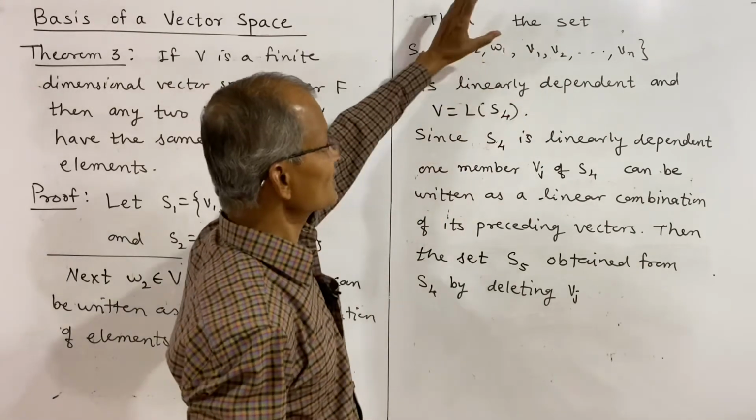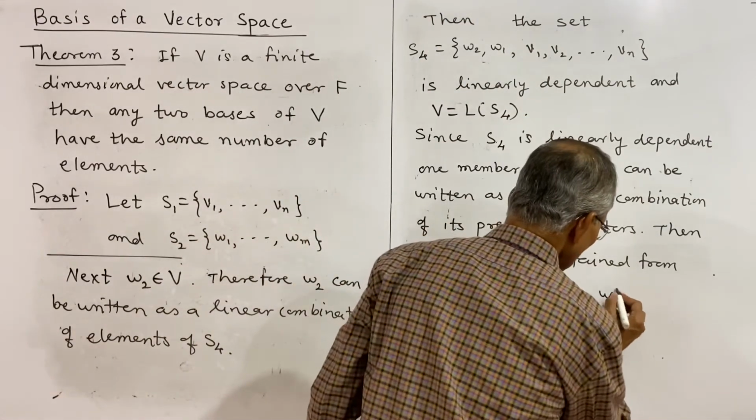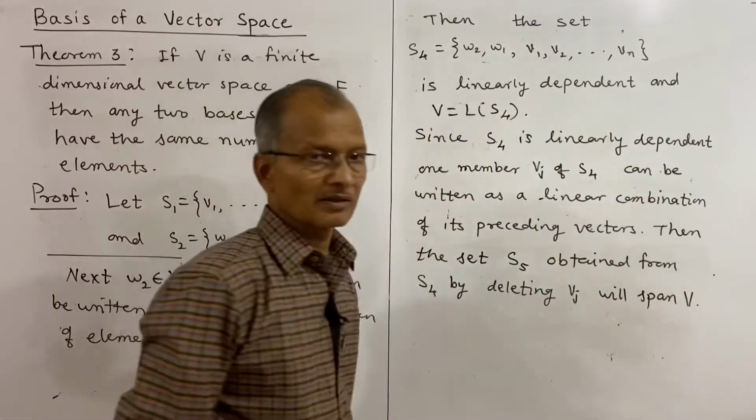Delete Vj from this and we will get another set S5, which will span the vector space V.